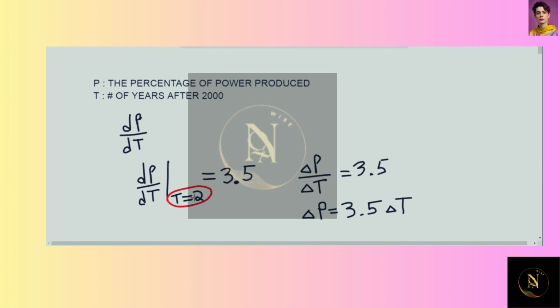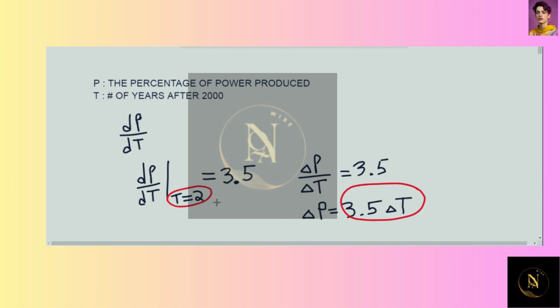So, when a little bit more time transpires beyond the 2-year mark, that would be your delta T. So delta T, a little bit more time, a portion of a year after the 2-year mark, so maybe another 0.1 years or another 0.2 years, some small number. The change in the percentage of power produced is going to equal 3.5 times that change in the time.